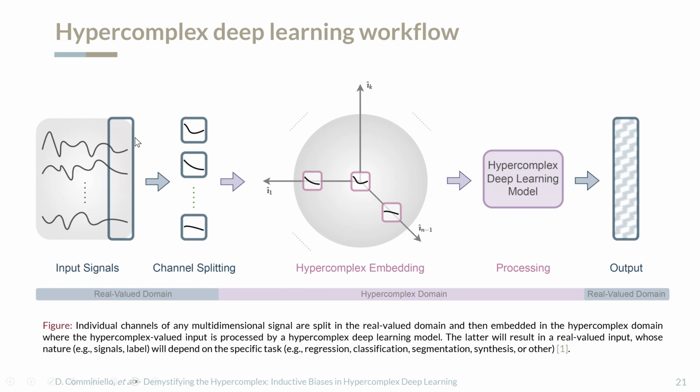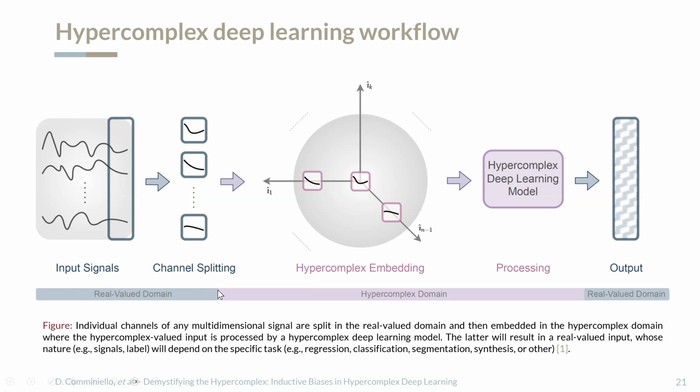Then, exactly like we can do for the real-valued domain, we just separate the channels or the dimensionality. So imagine that you have multiple sensors, you have one signal for each sensor. This is something that you can do even using classical real-valued domain models.